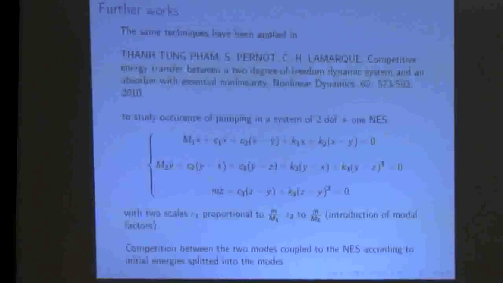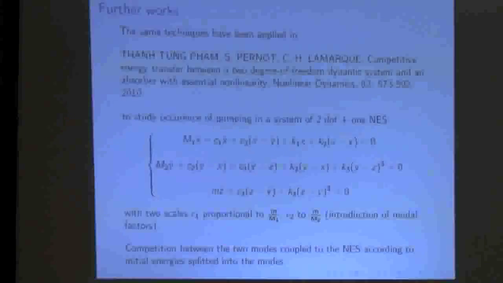And we studied in this paper the competition between the two modes coupled to the nest, according to initial energies split into the modes. It means that now you have two masses, you have two time scales, and in some sense you have two such bifurcation curves that could be in competition.